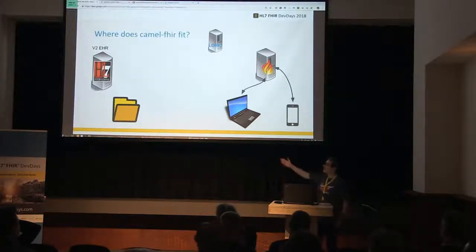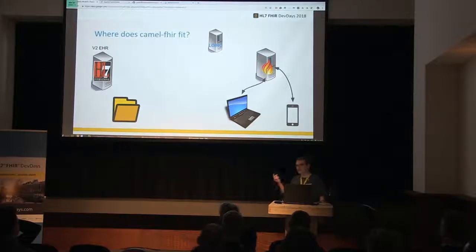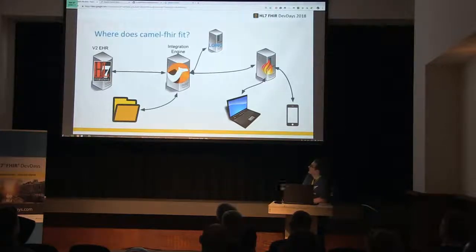So here are some files. It could be a database or whatever from some system you don't have access to. So you have a bunch of different systems, and Camel's your integration engine. It's going to help you talk and communicate between your different systems. This is the architecture we're going to base our examples on, so just keep that in mind.